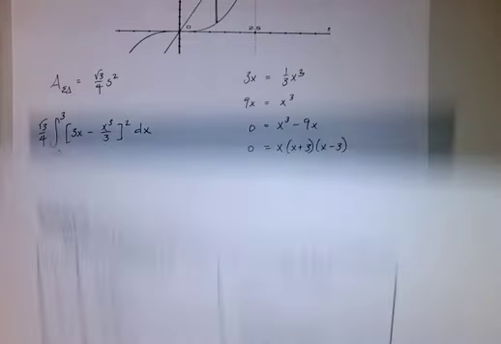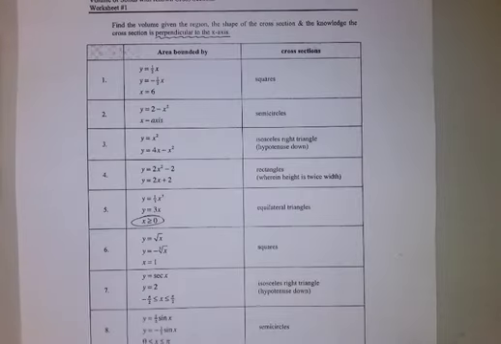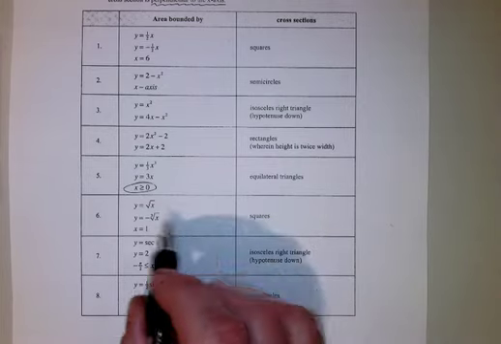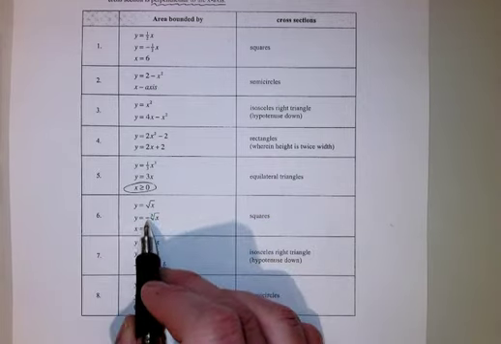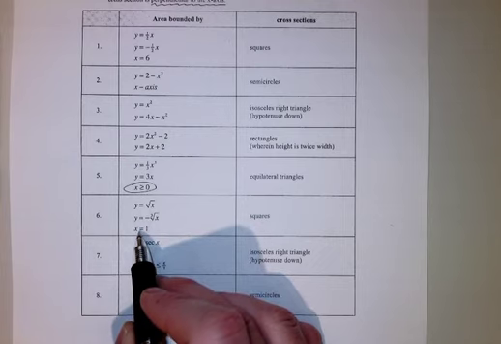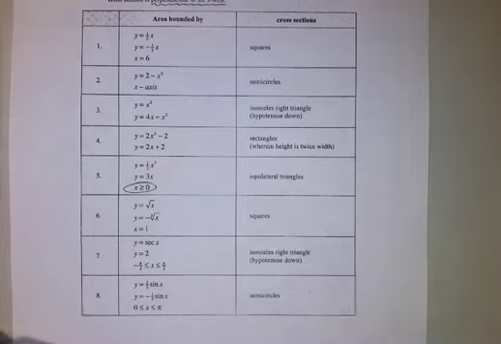This is number 6. We're back to squares on number 6, for no other reason than just because that's what I happened to choose while I was creating this particular worksheet. And we have root x, negative cube root of x, and x is equal to 1. That's kind of an interesting one.